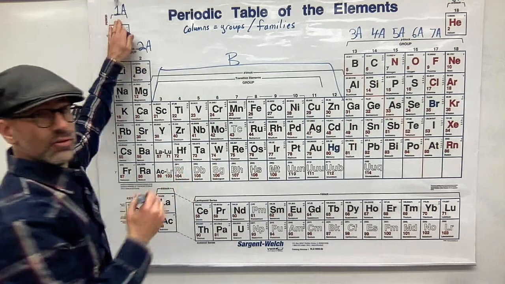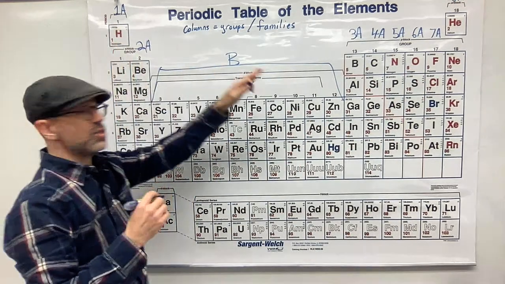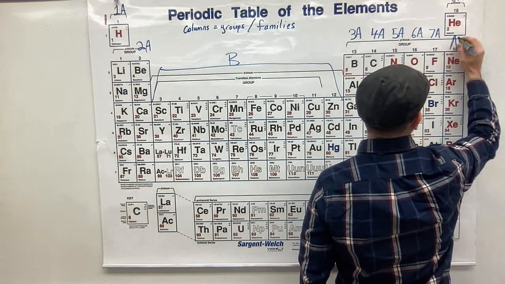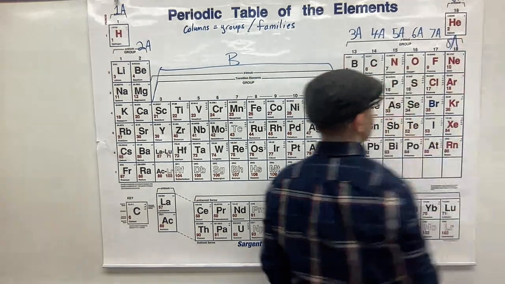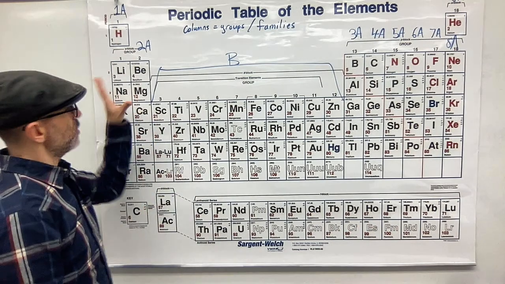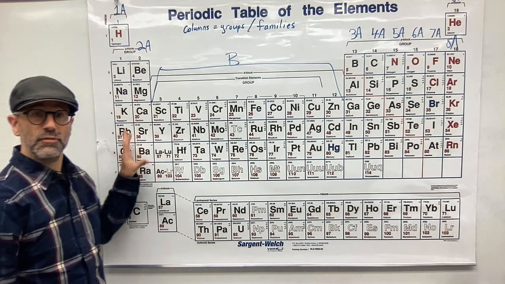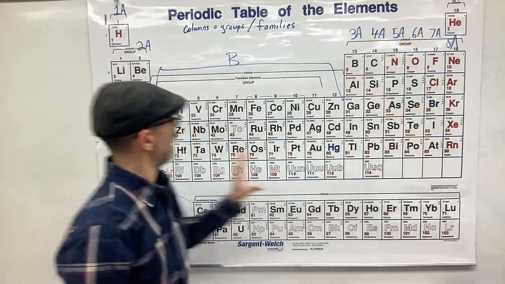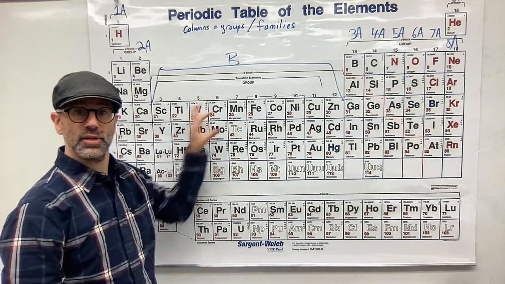How about, is this in the screen? No, that's not. Oh, that's it there. So this would be, let me put it down here. We'll put 8A there, right? So this periodic table is divided into the A groups and the B groups, right?